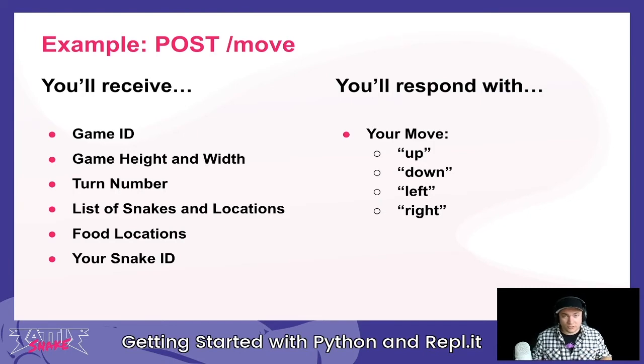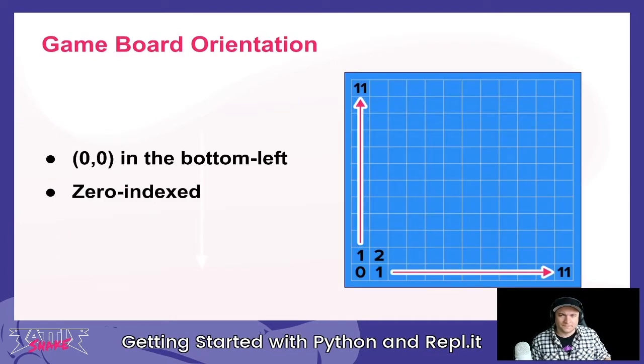It'll list your location, so you'll know which one is you and where you are. It'll also provide you with the location of any food that's on the board as well. And your response is actually really straightforward. You just need to respond with one of 4 valid strings indicating your move. It's going to be one of up, down, left, or right. Again, I'll dive into a full code example of this, but that gives you an idea of how these decisions are made in real time from your web server.